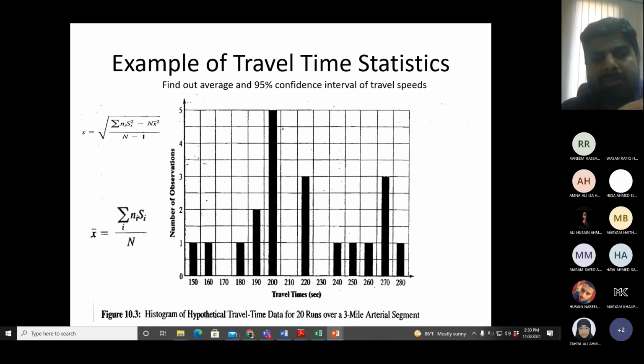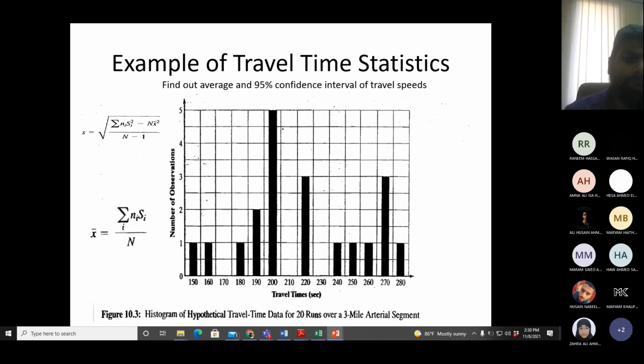On the y-axis, we have the number of observations for each travel time value. Like we had for spot speed data, the middle speed and the number of observations for that speed group. It's the same thing, but now plotted graphically. So the x-axis is the middle travel time, and on the y-axis you have the number of observations.